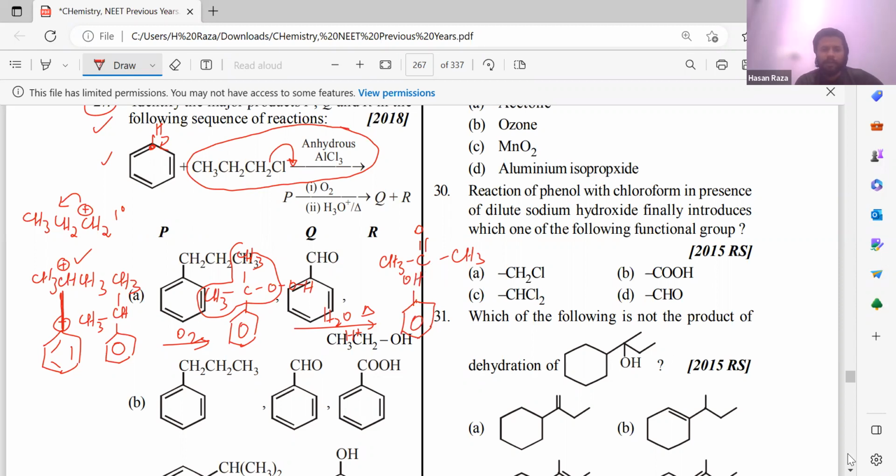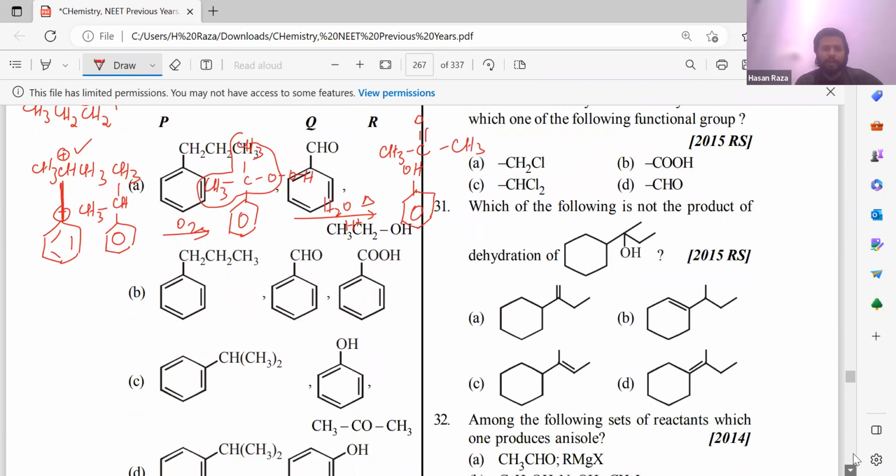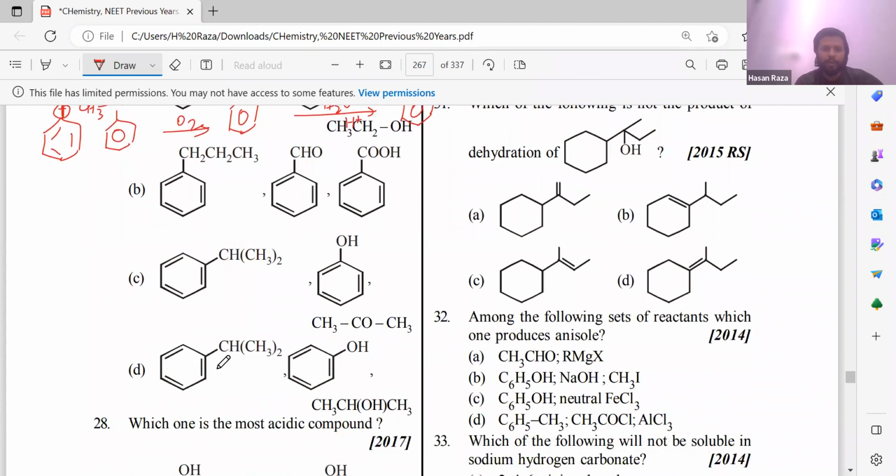So what is your answer? P is basically, let me show you this. And Q is what? Wait a minute, it's also wrong. This is your P, this is your Q, phenol, and this is your R. I drew this wrong because R is a ketone and here it is given as a 2 degree alcohol.